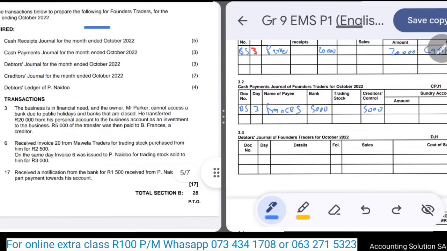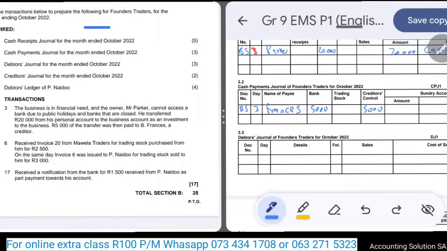Number 2, we have received an invoice of 2,500 from our trader for the trading stock purchased from him for 2,500. All right, the business has received the invoice for the stock that we have purchased from him.